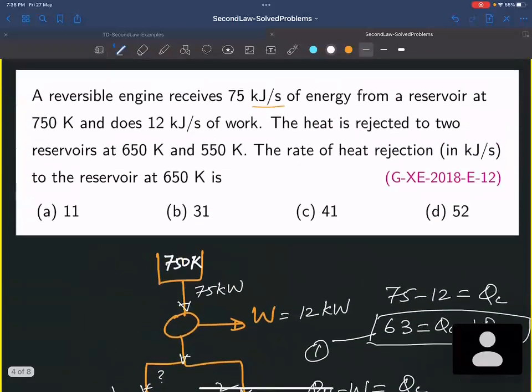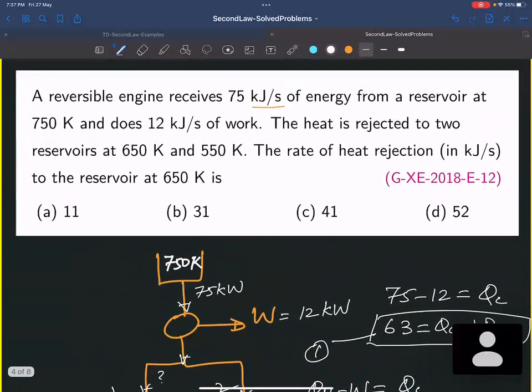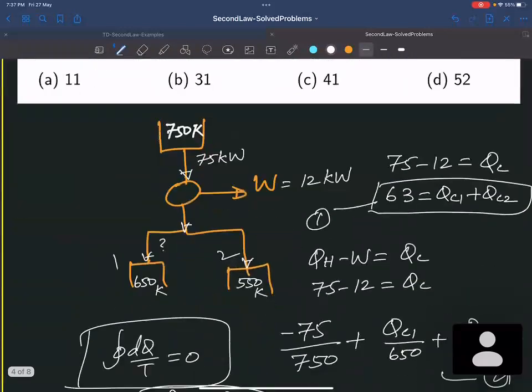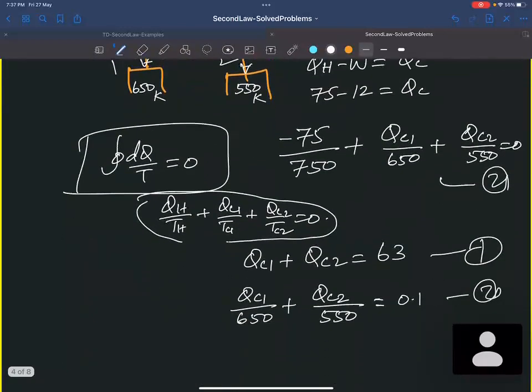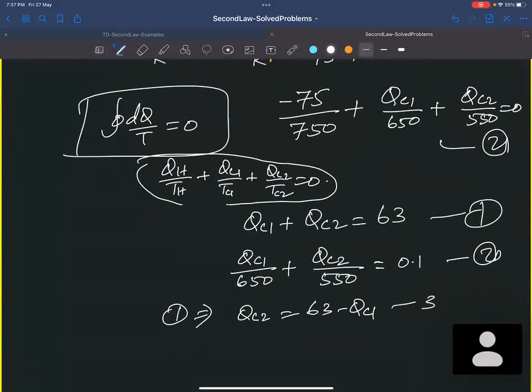So 52 is available, no? Any of you have tried this? Simply, two equations are available, you do some sort of operation and get this. Using 1, you can replace QC2: QC2 equal to 63 minus QC1. This is your 3.